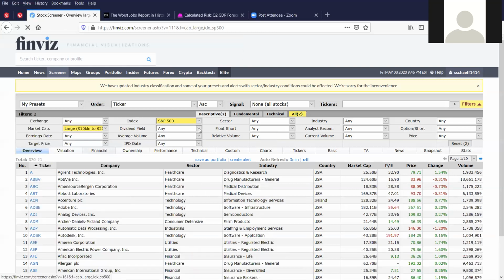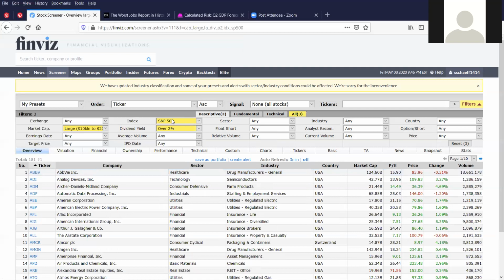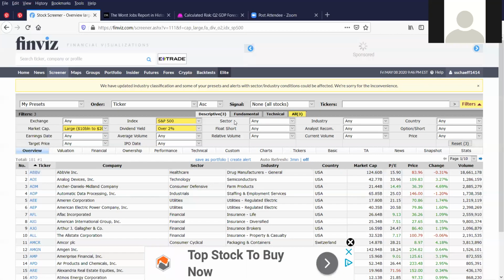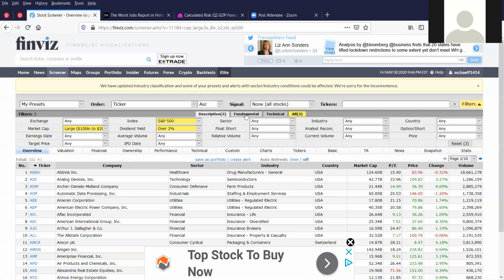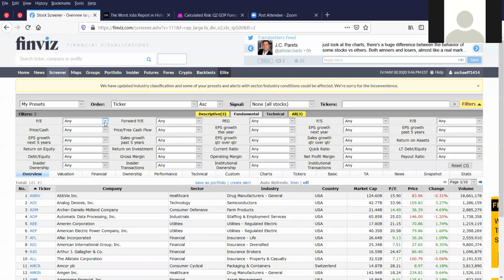And we want a company whose dividend yield is over 2%. So theoretically, we started with the S&P 500 companies, and using the two other filters, we got it down to 181 companies. But if you notice over here in the center, just to the right of the word descriptive, we have the word fundamental. So we can actually look for some fundamental filters, including the PE ratio as an example.